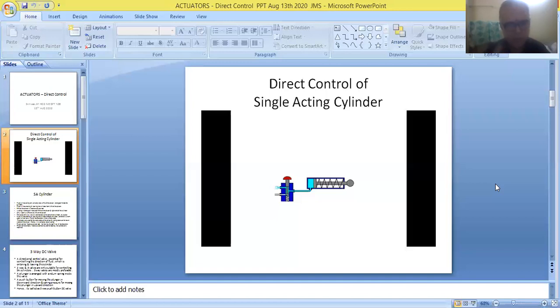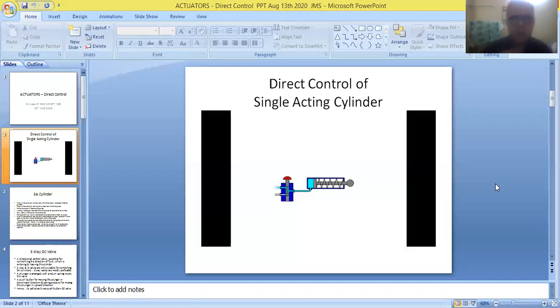The vertical cylinders can be used for doing press working operations, and also vertical cylinders can be used for moving loads in upward and downward directions. So these are the various types of cylinder arrangements used for performing different operations.